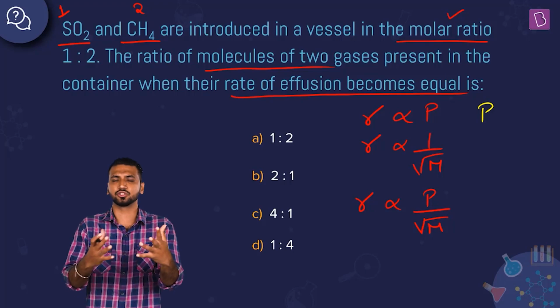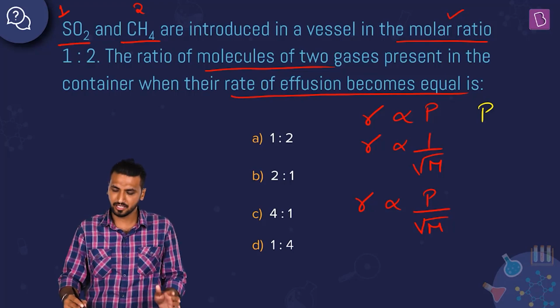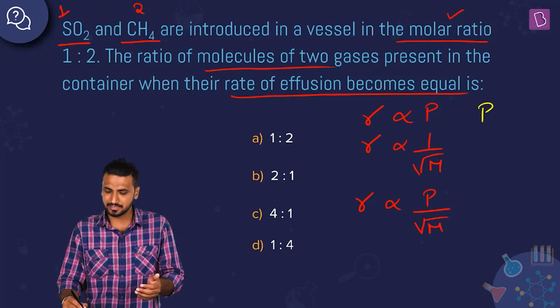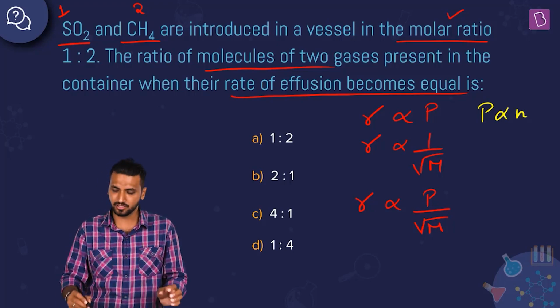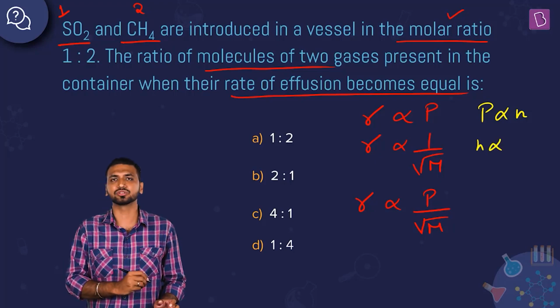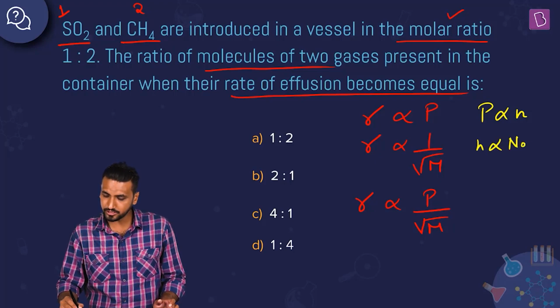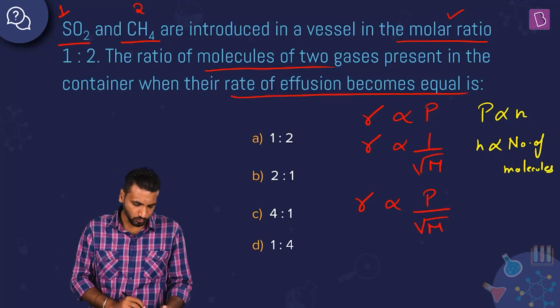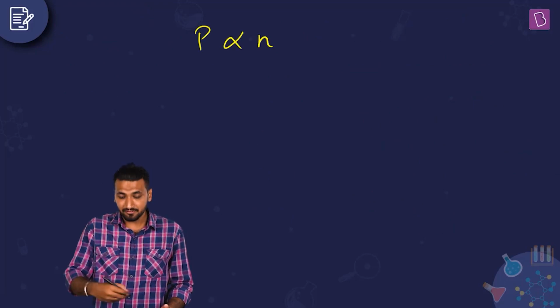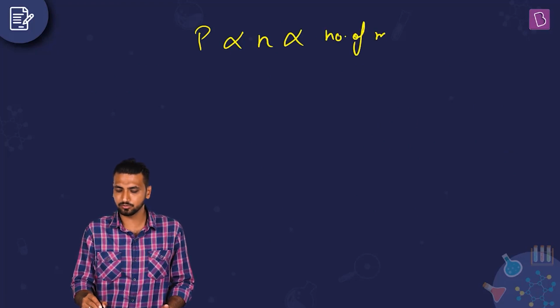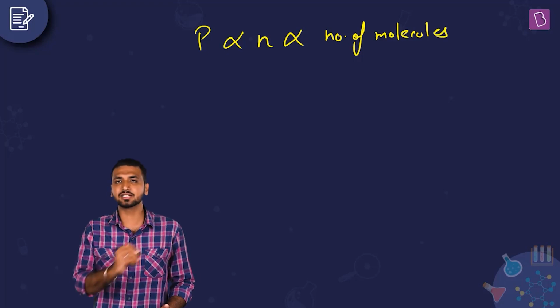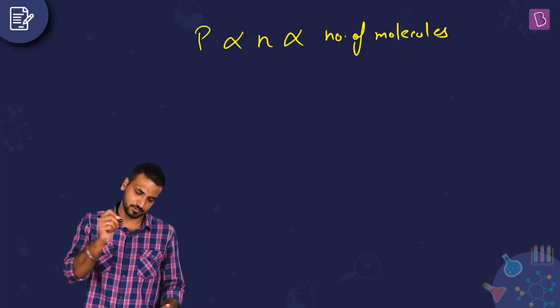If you use the ideal gas equation, PV = nRT, at constant temperature the pressure is directly proportional to moles, and moles is obviously directly proportional to the number of molecules. So pressure is directly proportional to moles, which is directly proportional to the number of molecules. I hope this point is crystal clear.